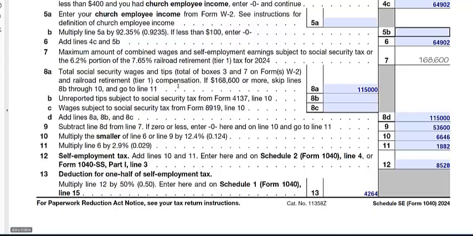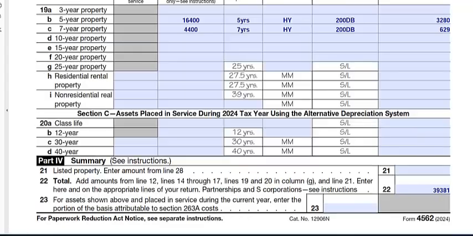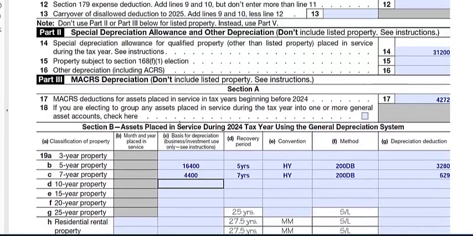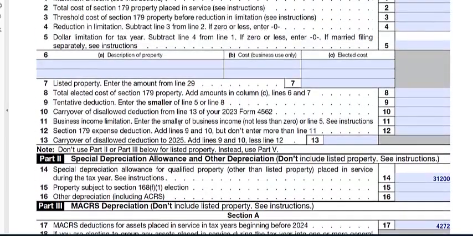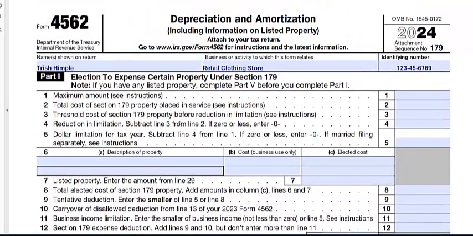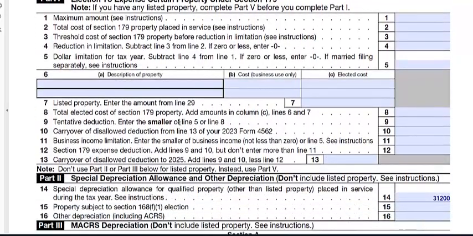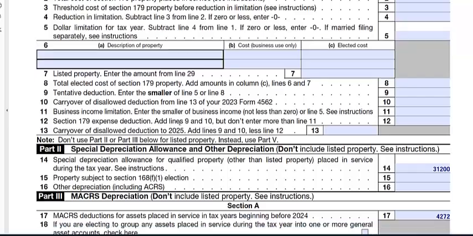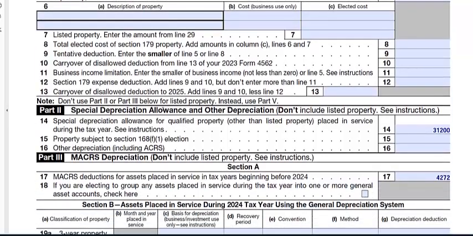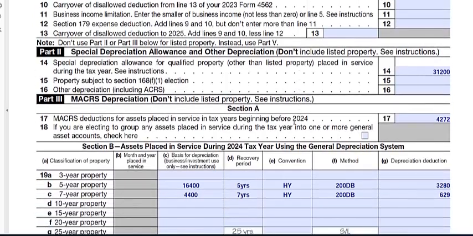Of all the schedules we've worked on in this video, for your Chapter 8 exam, make sure you are familiar with the 4562. This is where the depreciation is, of course, reported. Remember, line 14 is for bonus depreciation.